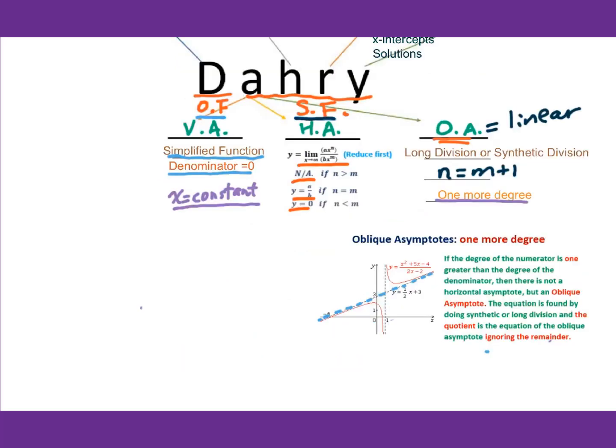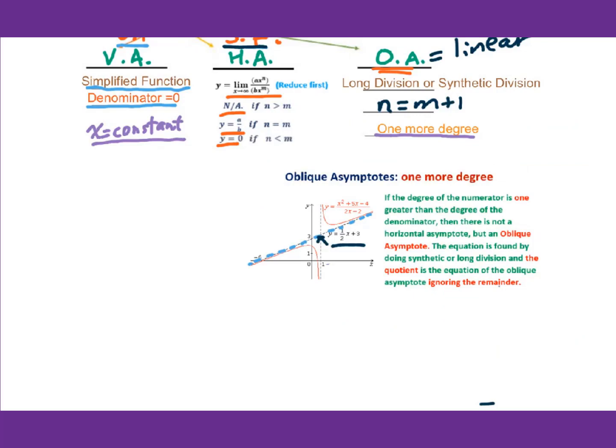For this graph of a rational function, this will be the oblique asymptote line. That is y equals 1/2 x plus 3. How did you get the oblique asymptote line for this rational function? Let's work that out.